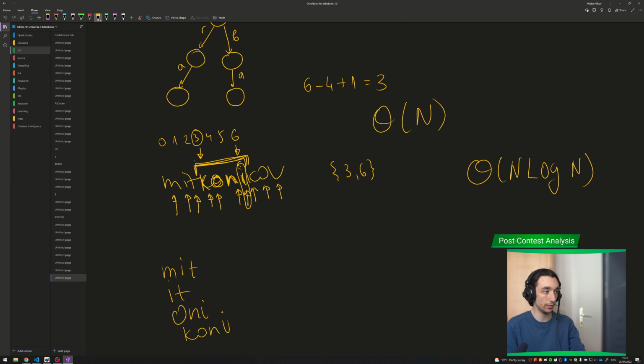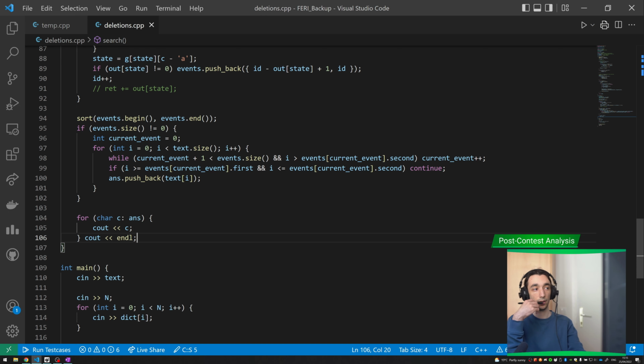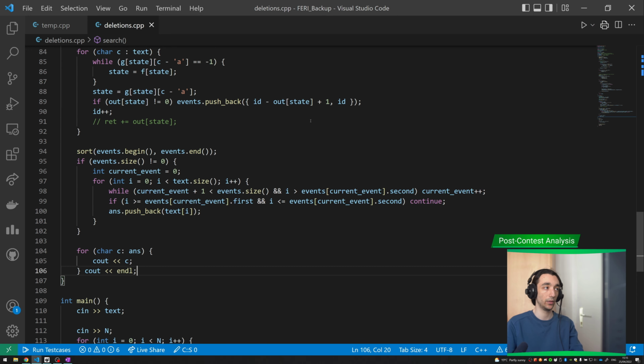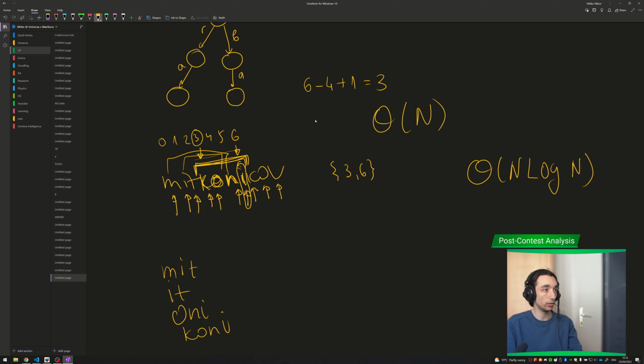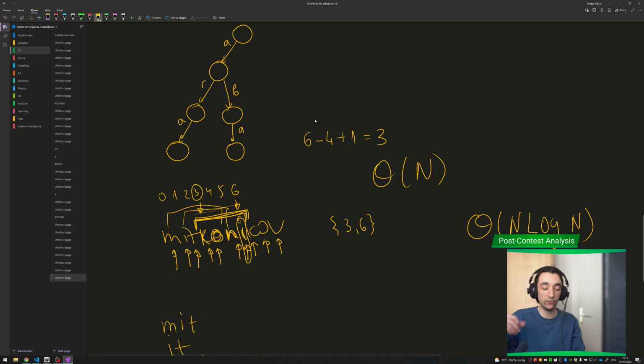Yes, if it's not in some match, then we want to print it out. That's the whole solution. N log n, but it works. It's very, very fast.